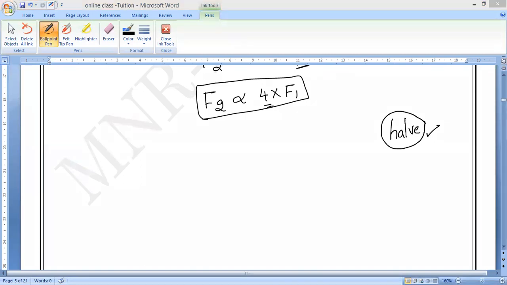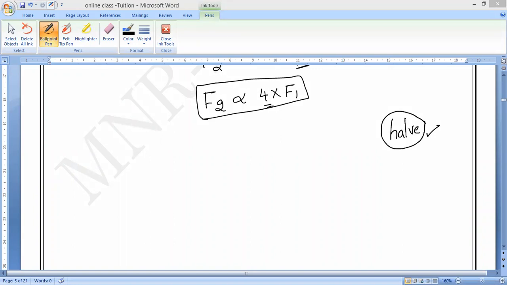If we double the distance between two bodies, the gravitational force becomes 1/4.